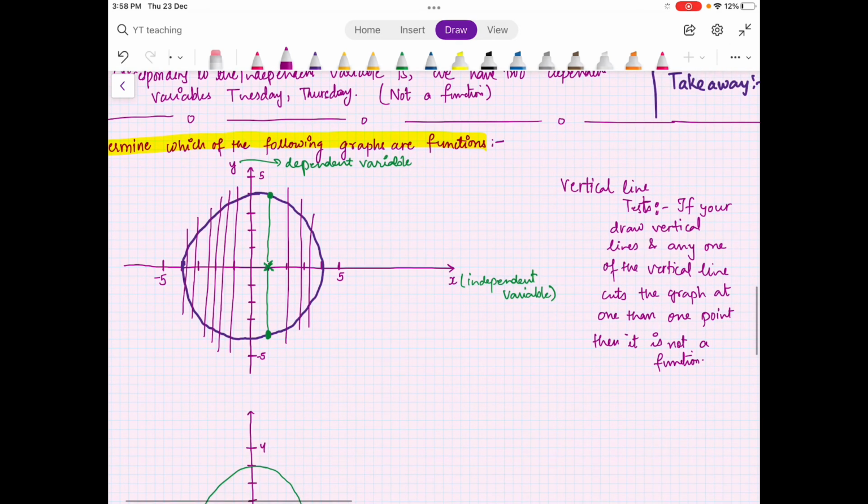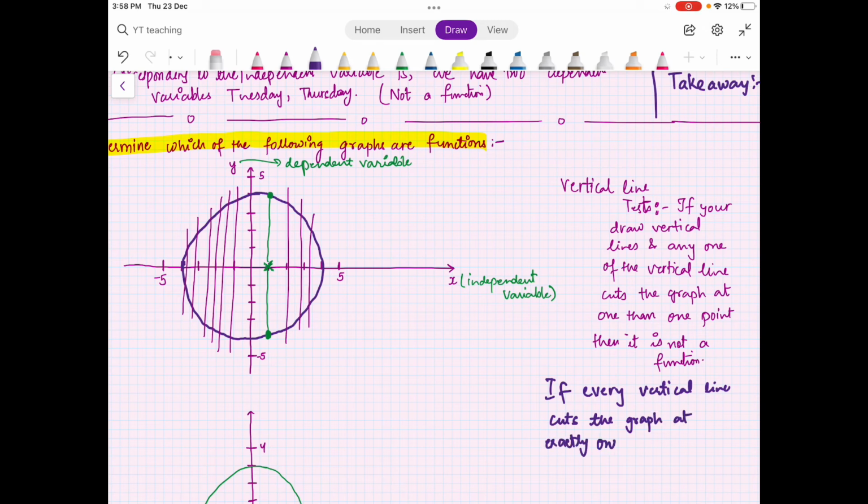And if every vertical line cuts the graph at exactly one point, then it is a function.